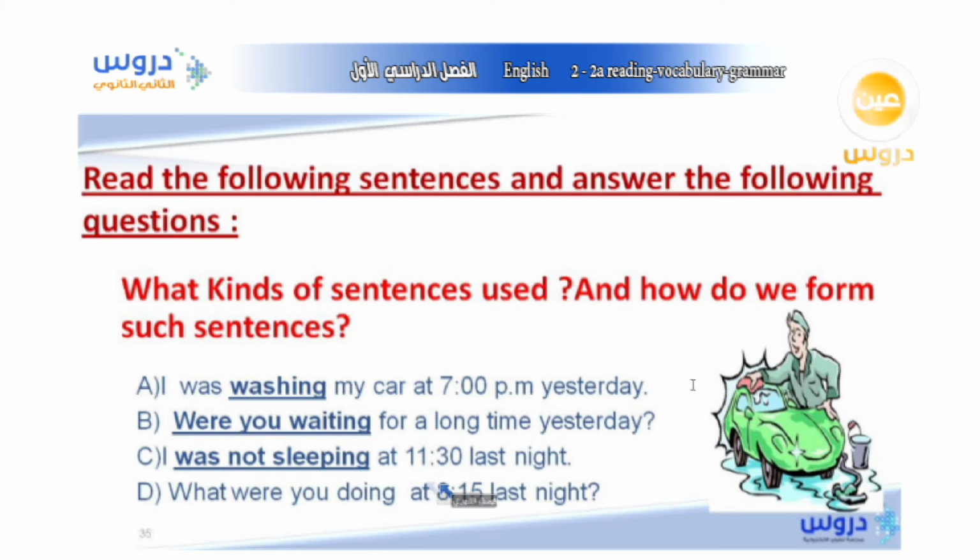C, I wasn't sleeping at 11:30 last night. And finally, D, what were you doing at 8:15 last night? What kind of sentence is it? Can you help me with that? What kinds of sentences are used and how do we form such a sentence? If you got that, please, I need help.